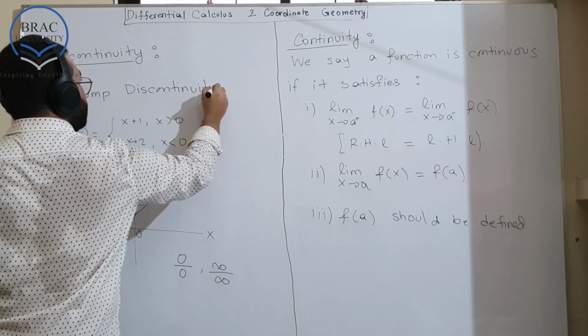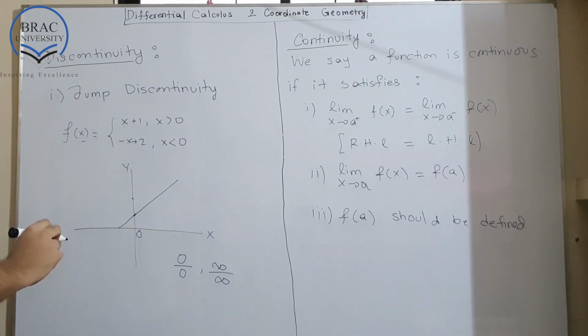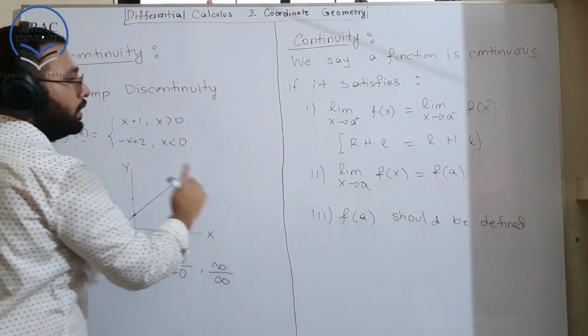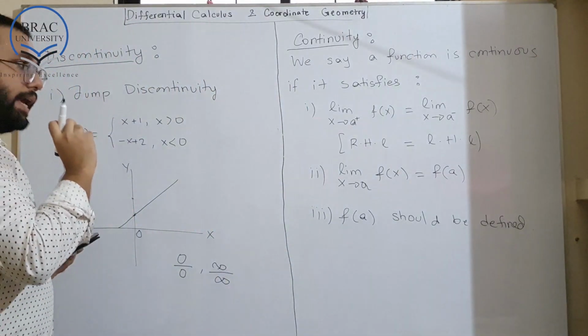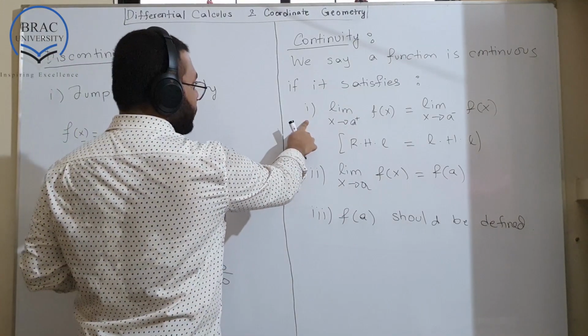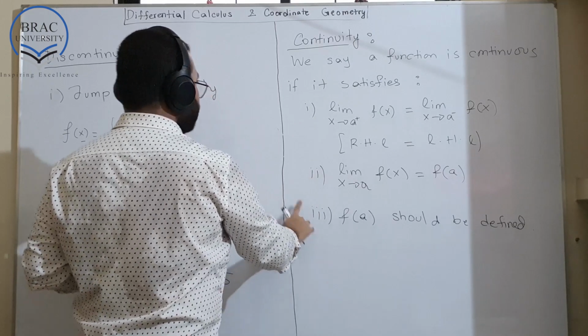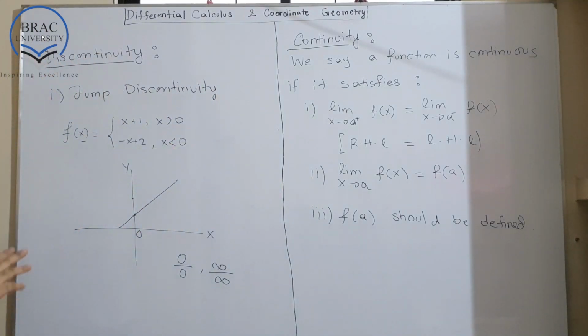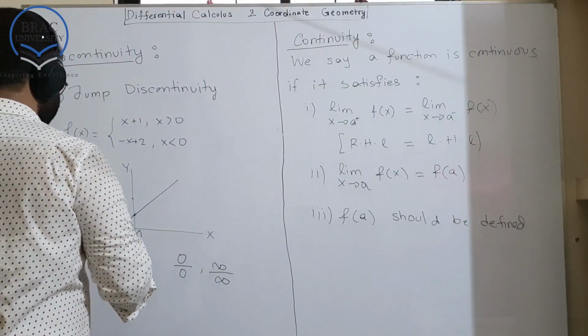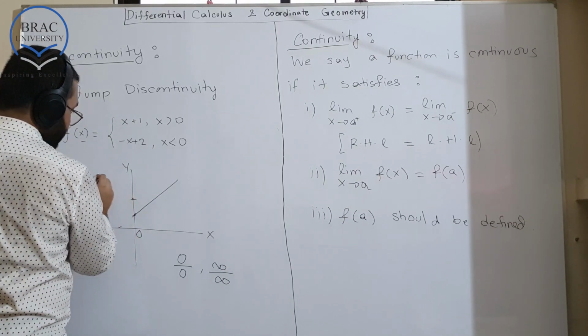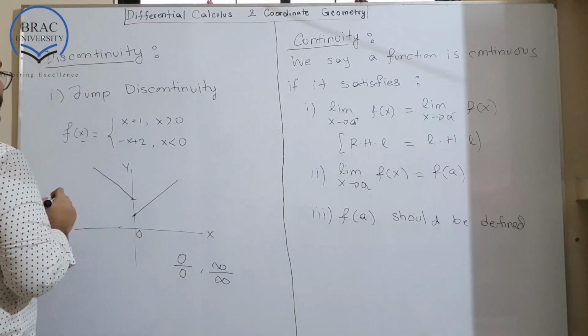The main criterion for a function to be discontinuous is just to violate any one of the 3 criteria. If a function at a certain point does not follow any of the 3 criteria, we call that function discontinuous. So what is a jump discontinuity? We saw the graph of our function was something like this.